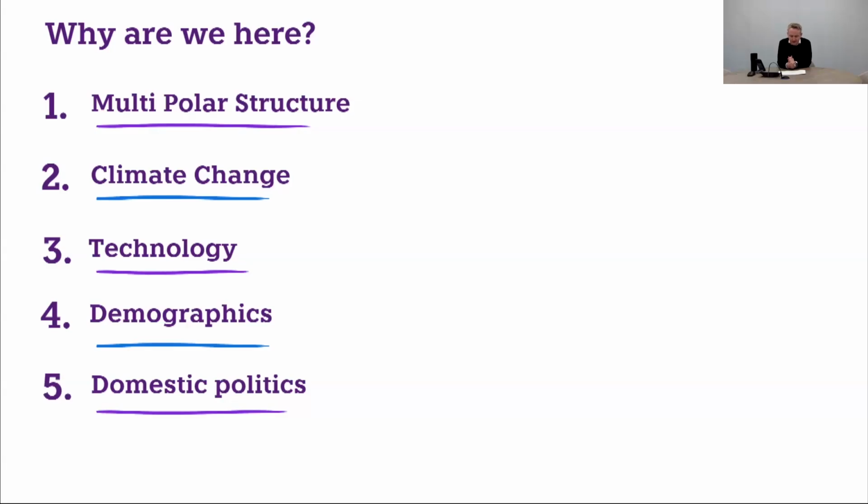The first one is just moving to a multipolar structure and world, where the influence of the US and crucially the dollar shifts over time, and there is a movement in the major countries in the world to exert pressure in certain parts of the world. We also have other long-term themes like climate change, which remains with us.